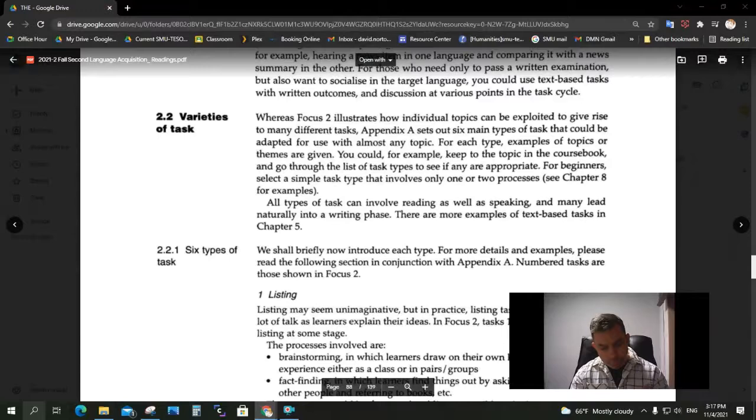And in that sense, it's also what we call goal-oriented. In other words, there is a communicative purpose or a communicative goal in your task. There's something you're trying to accomplish. There's something the learners are trying to do. It's something motivating them.